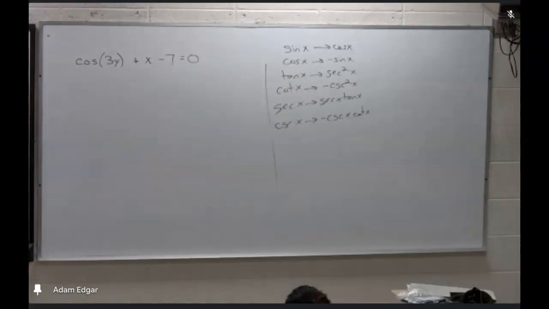That's good. Times 3 dy dx, because it's not 3 plus y, it's 3 times y. Yes, the negatives can cancel out on the 1 and the 3, but you're not wrong.